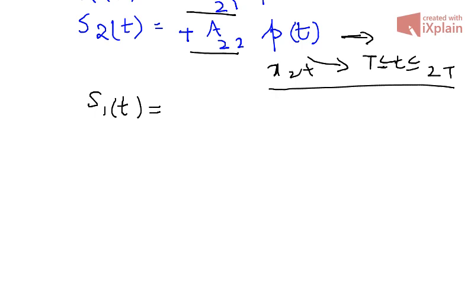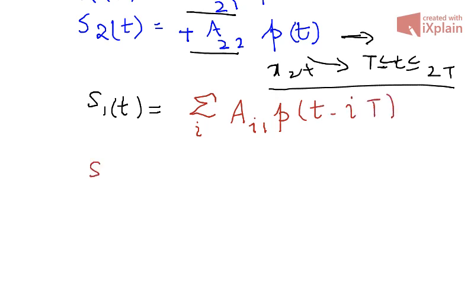Now instead of writing it for each interval, we usually would like to have a generalized expression. So we can say that our S1 of t can be written in this form: summation a I1 p of t minus I t.